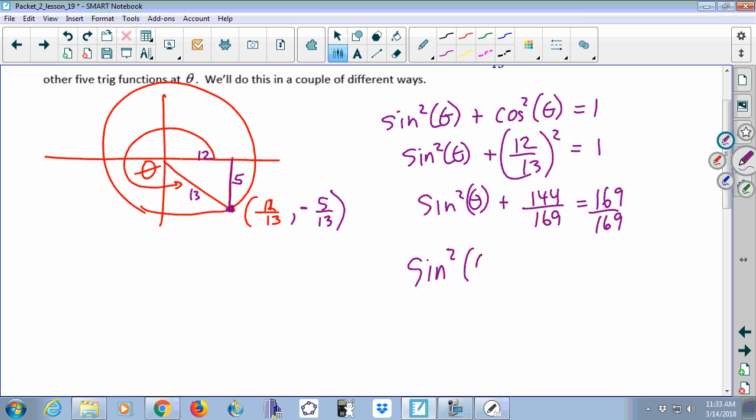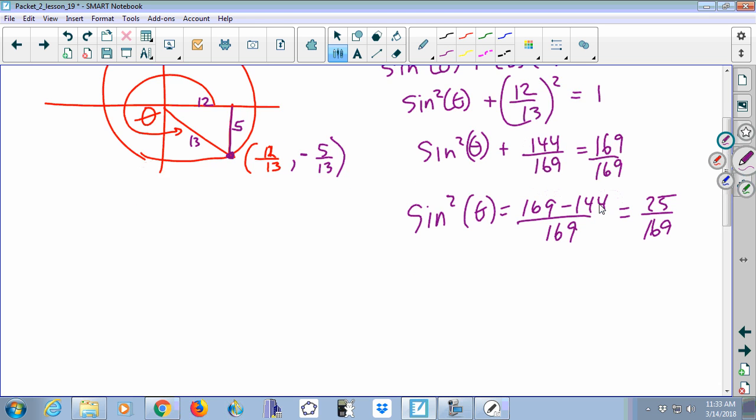Sine squared theta is 169 take away 144 over 169, which is 25 over 169. I'm happy to see those numbers because they're both perfect squares. Sine of theta now equals plus or minus the square root of 25 over 169, which is plus or minus 5/13.